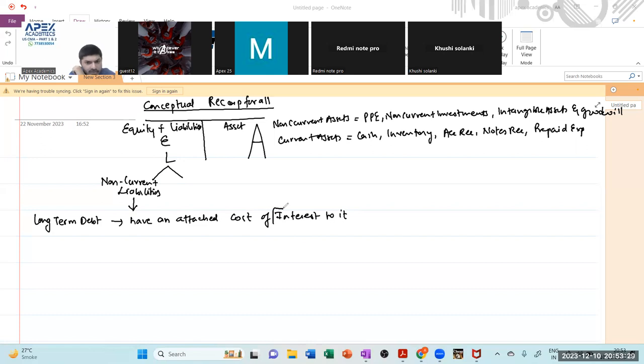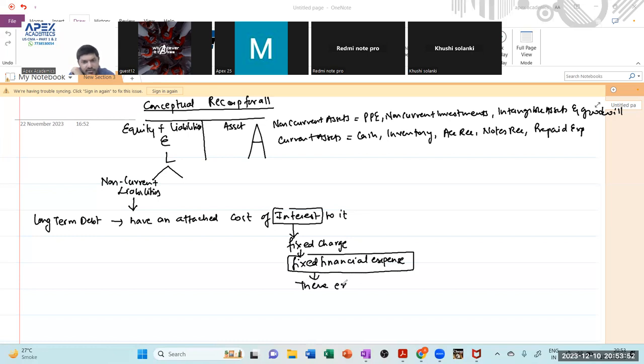Do you all agree with my statement that interest is a fixed charge? Yes or no? If it is a fixed charge, I can also call it a fixed financial expense. Yes or no? Whenever there is a fixed expense, there exists a risk.